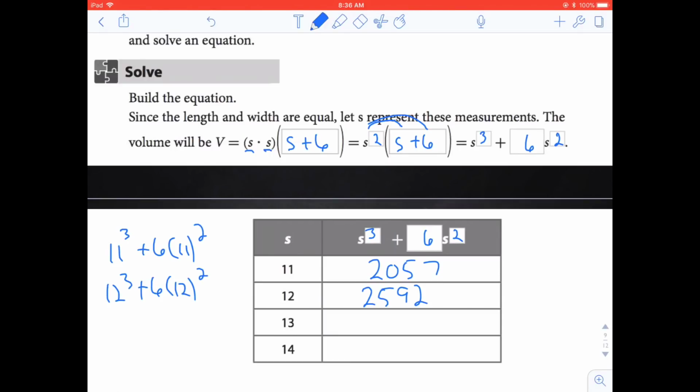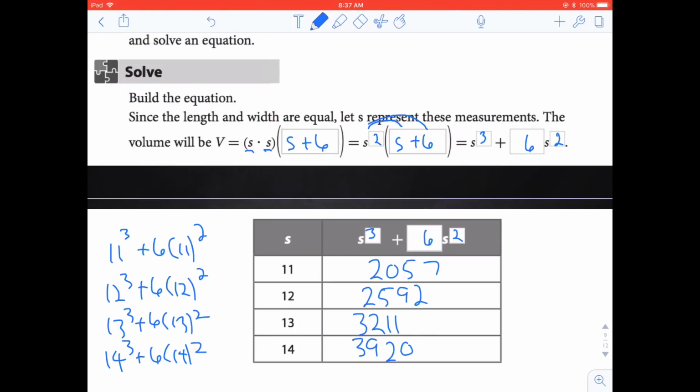If we do the same thing with 13, this time we get 3,211, so we're getting closer to that 3,500 that we want. So we'll try one more at 14. And that gets us to 3,920.